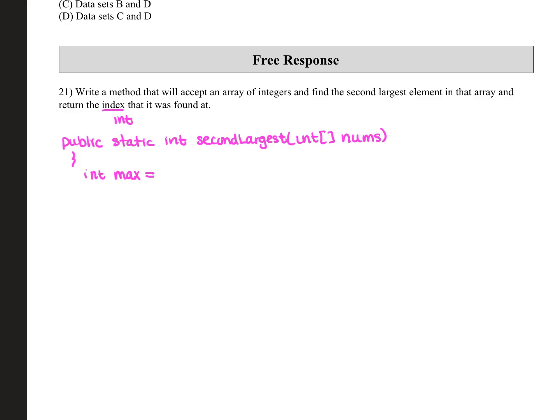So our max is currently nums[0], so that way we're comparing to stuff in its data set. And then int maxPos, the position of that max, we're going to set to 0. So now we have to traverse everything in nums and see if we find something bigger. If we find something bigger, then we're going to change the max and change the position.